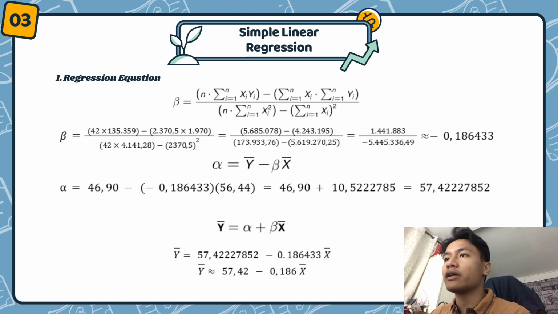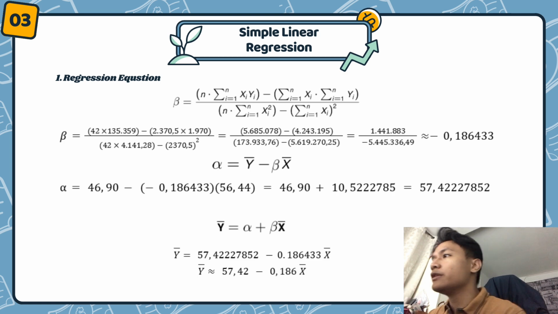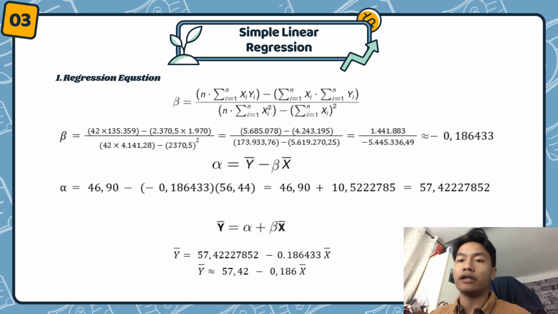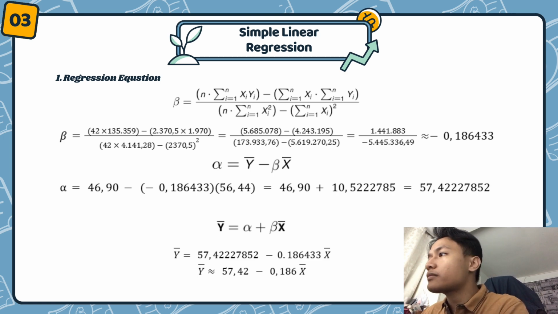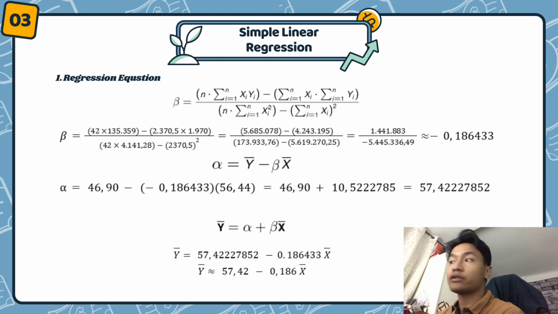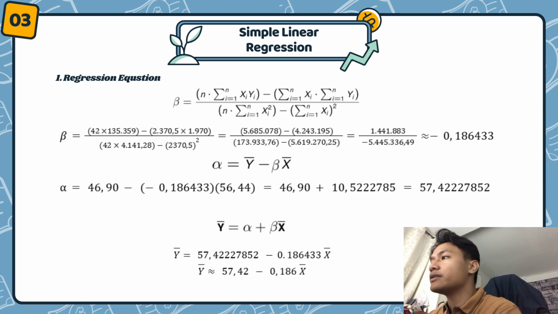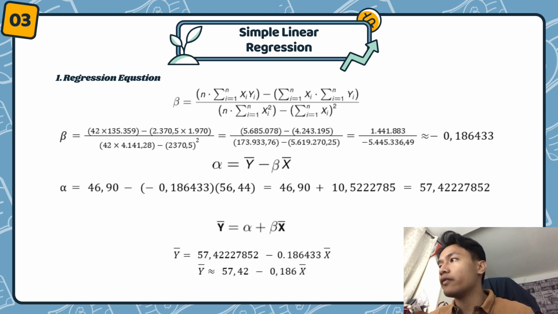In the first step, you get the beta formula, where n is the total number of data points, x is the individual values of the independent variable, and y is the individual values of the dependent variable.